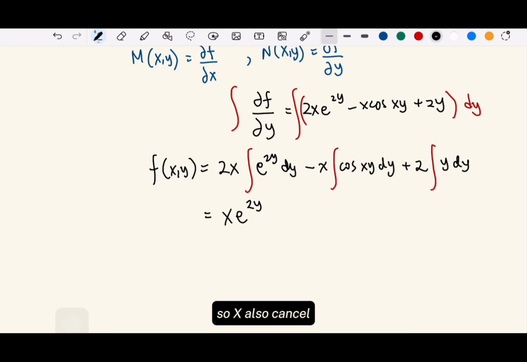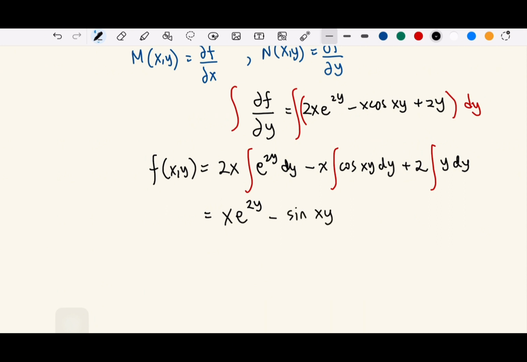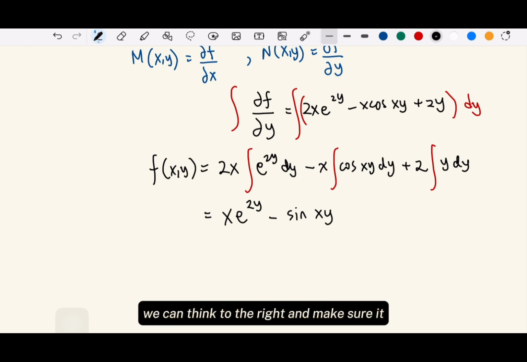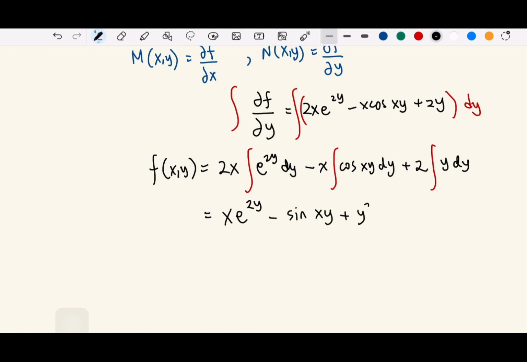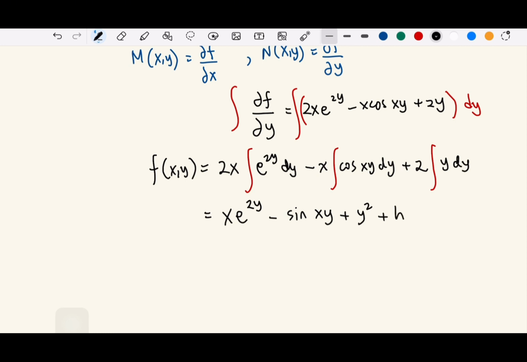So x also cancels. So cosine becomes sine, so negative sine xy. If you want to confirm, we can differentiate and make sure it refers back to the original one. Okay, and then the integral of 2y is y squared. And then the constant we write as a function of x.